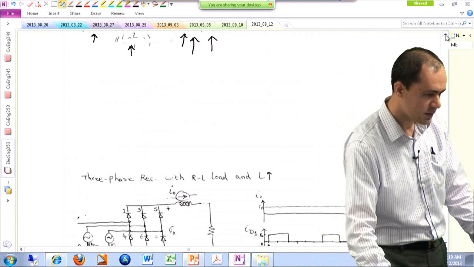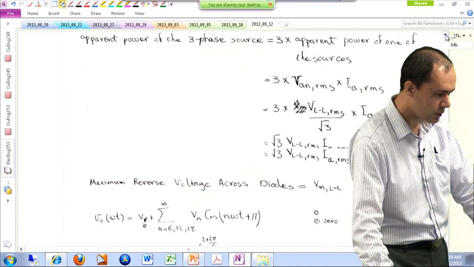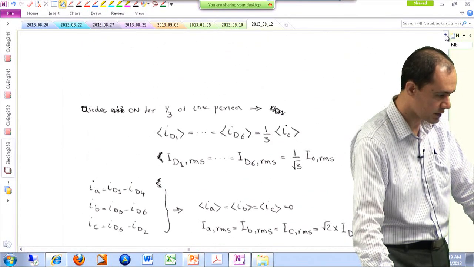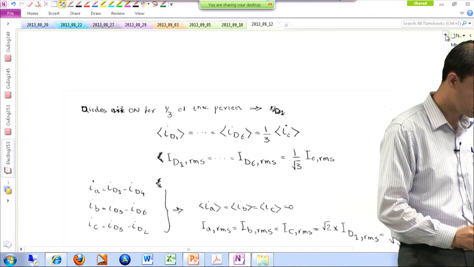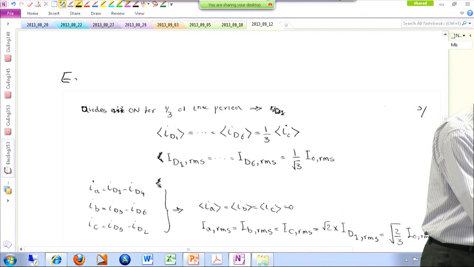The other one is, for instance, the RMS value of the diode currents and things like that, and the apparent power. Okay, so let me just rewrite the sentence that I have over here. The sentence is this: each diode.